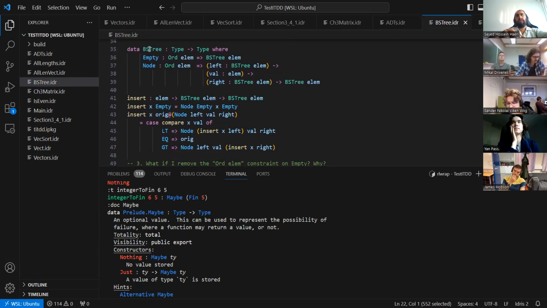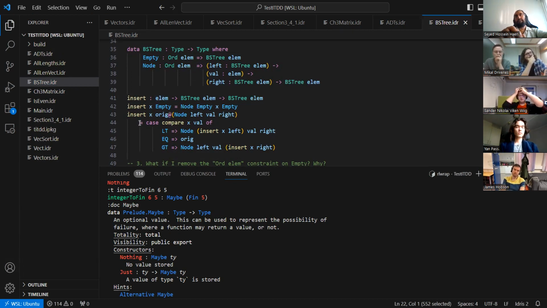Now, so you see here in the tree itself, for both the constructors, we require that the element type is itself ordered. And by doing so, we no longer require to write that constraint for the insertion function.